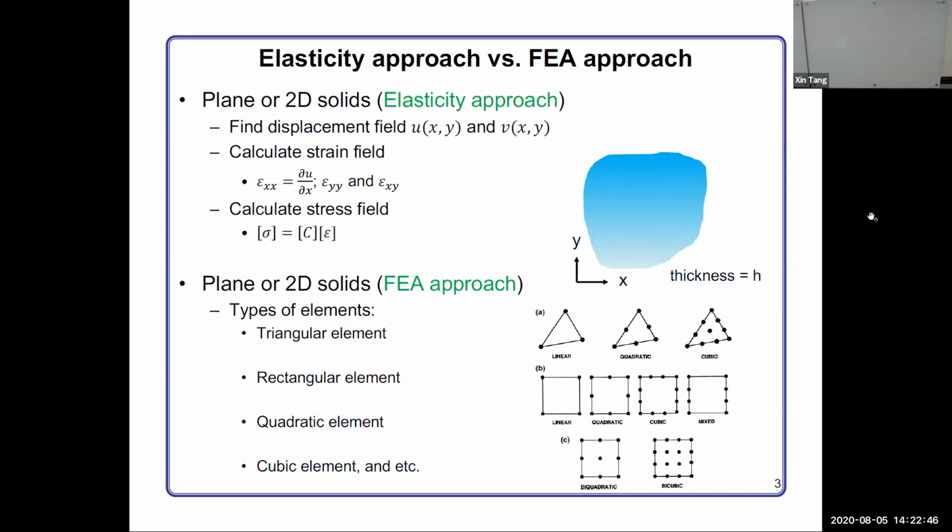Such as the cylinder, perfect cylinder, or perfect square shaped material, so that their analytical solutions are easy to obtain, they are available. But in practical experiments or in the real world, the geometry of the object you are going to analyze will have a different shape, right? And also the material may have different properties at a different region.